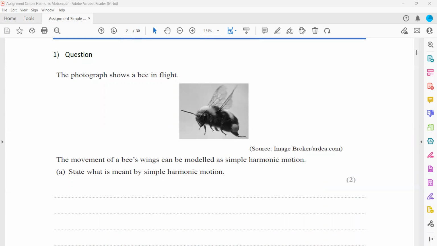So whenever a question is there about simple harmonic motion, there are two points which you will mention. First, that acceleration is proportional to displacement.